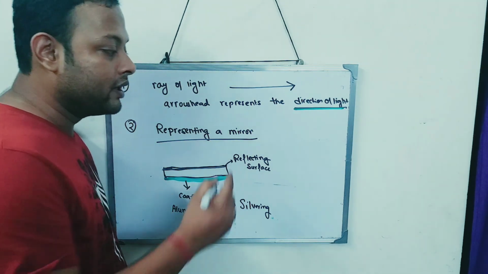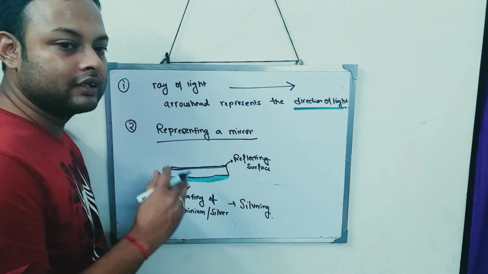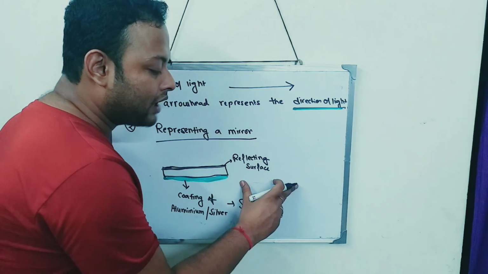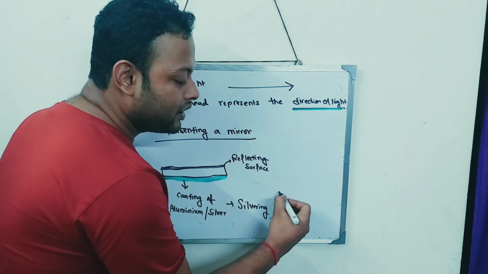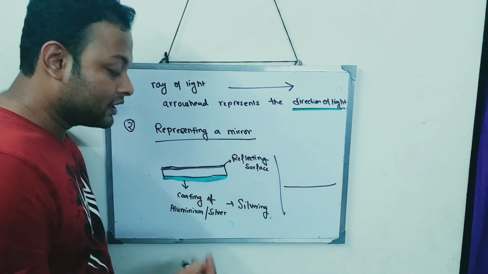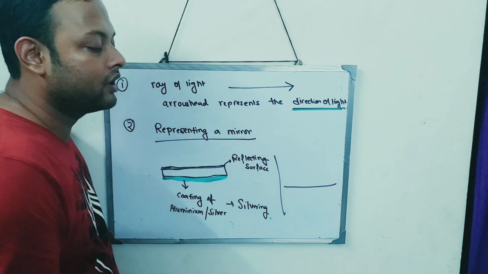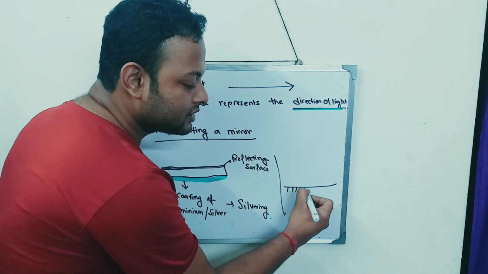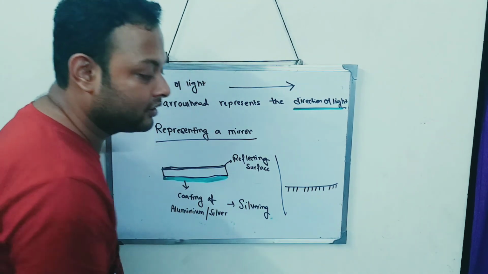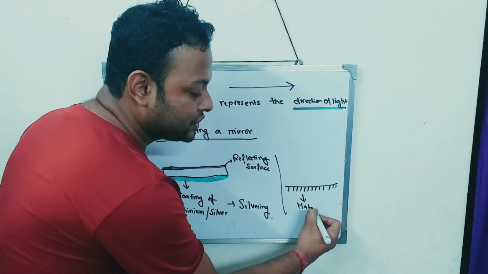So how to represent a mirror? This is not how you represent a mirror; I have shown how a mirror is made. A mirror is represented by a straight line. The side in which you do the coating of aluminum or silver, you put lines like this, and these lines are called hatching.